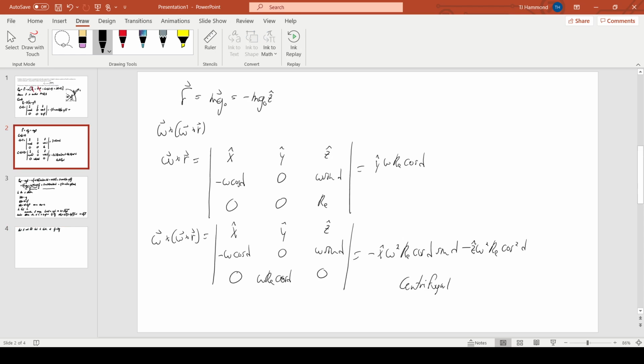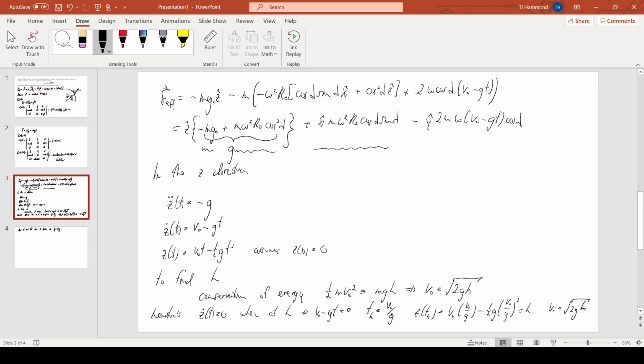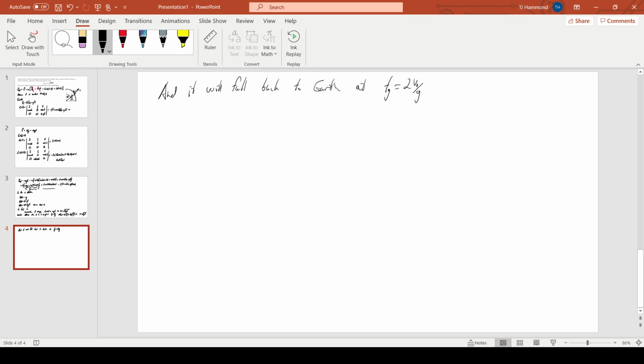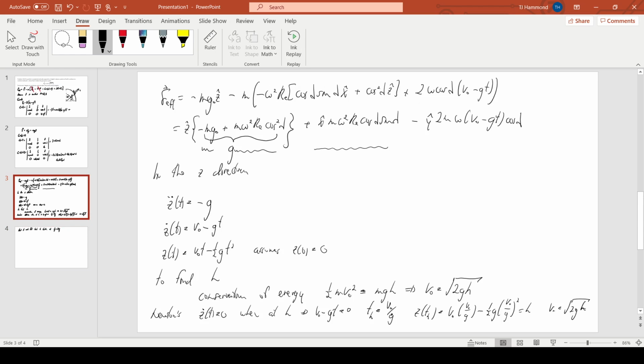Okay, so we have this effective force. What we want to do then is calculate from this effective force the motion of this projectile and how much it moves while it's in the air. So we have x hat direction that we need to calculate, and we have y hat direction.